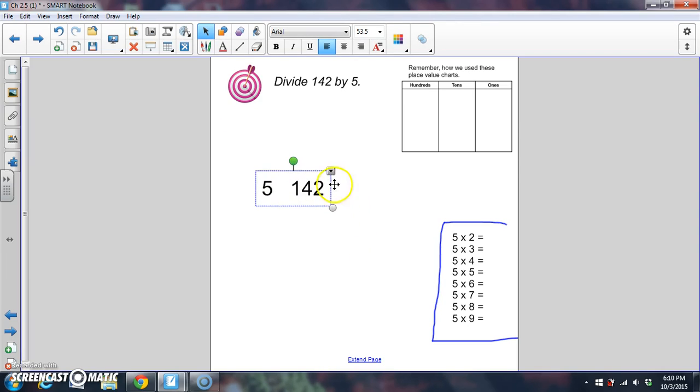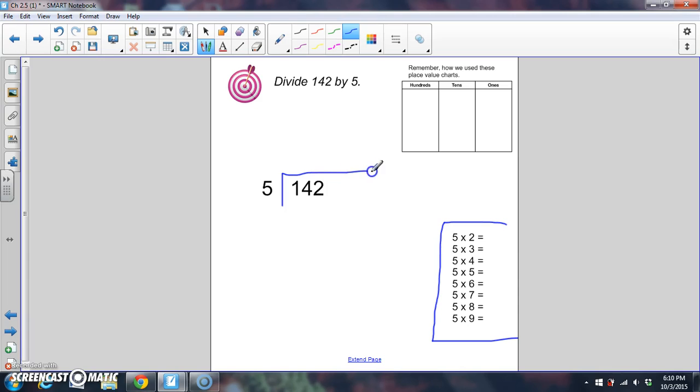I'm going to start working on this with you, then I'm going to leave you to finish this problem. 5 goes into 1 zero times because it's greater. So now I'm going to start looking at 14. I know that 2 times 5 is 10 and 3 times 5 is 15. 15 unfortunately is too large, so we will stick with the 2 times 5.